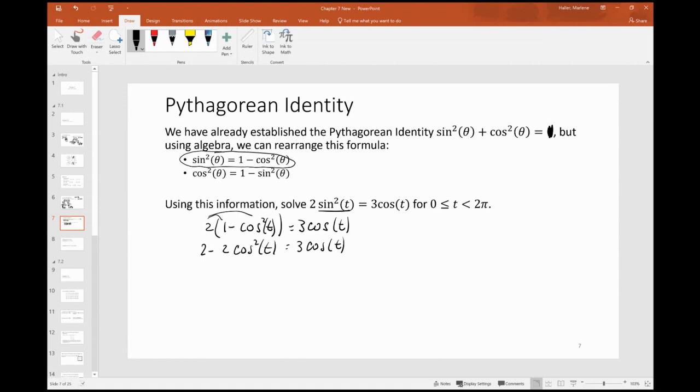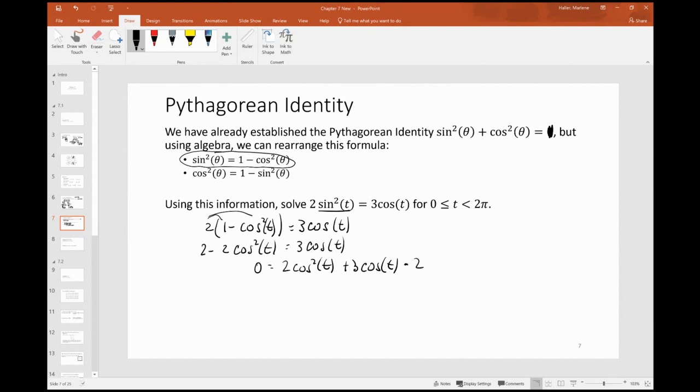So let's move all the terms over to the right-hand side, because for quadratic equations, we always want to set them equal to 0 to solve, right? All right, so we'll subtract 2 and add 2 cosine squared of t to both sides. We'll have 0 equal 2 cosine squared of t plus 3 cosine of t minus 2.